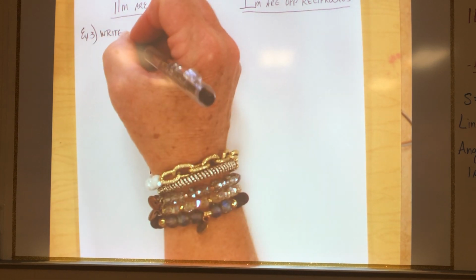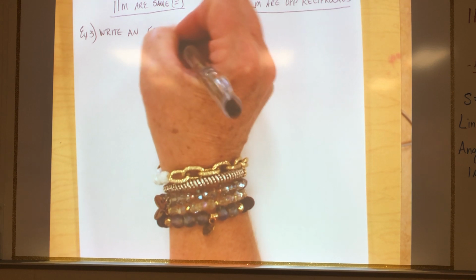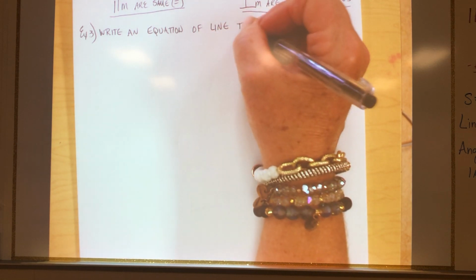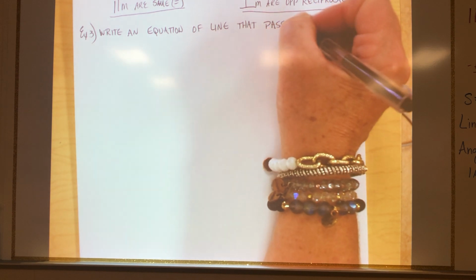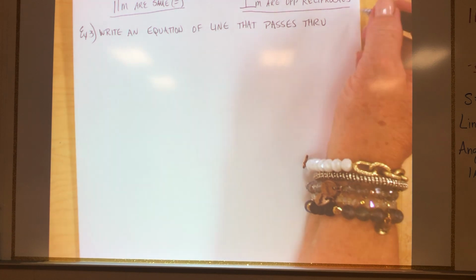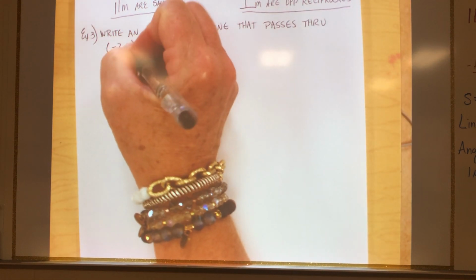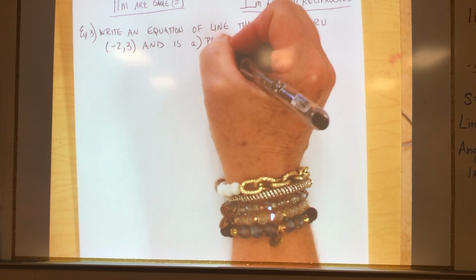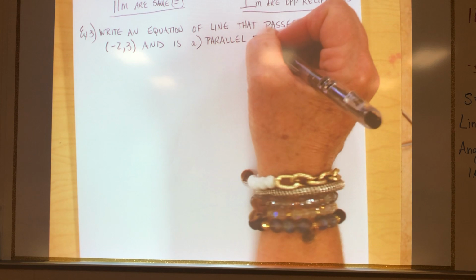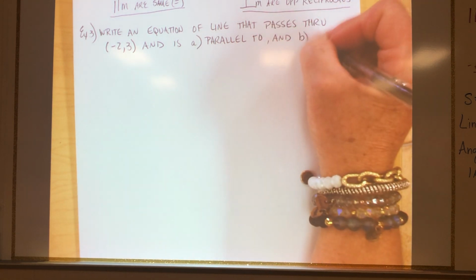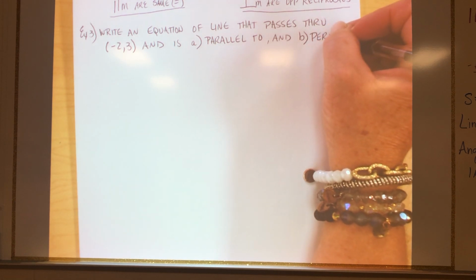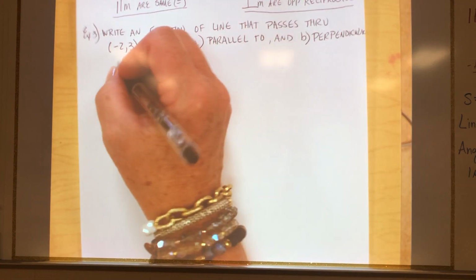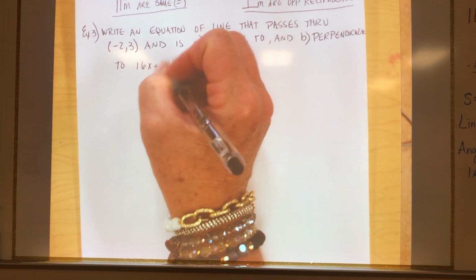Write an equation of the line that passes through -2, 3, and is A parallel to and B perpendicular to 16x plus 4y equals 4.